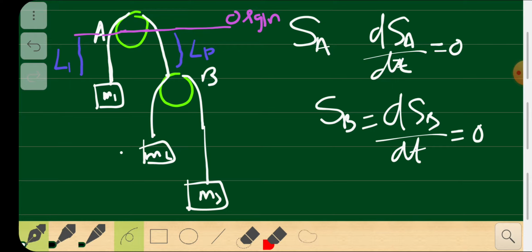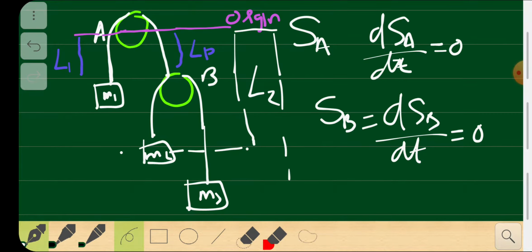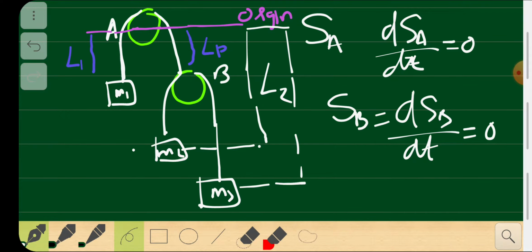Now m2 will be this distance, which I'm going to call L2, and m3 will be this distance, which I'm going to call L3. Okay, so these are the distances here: L1, L2, L pulley, and L3. So these are the three distances.